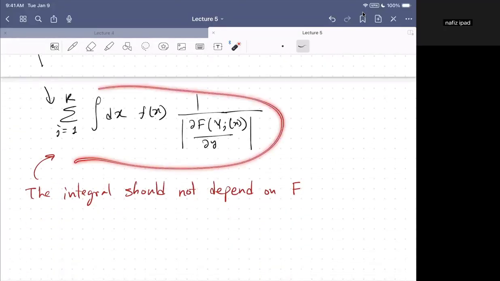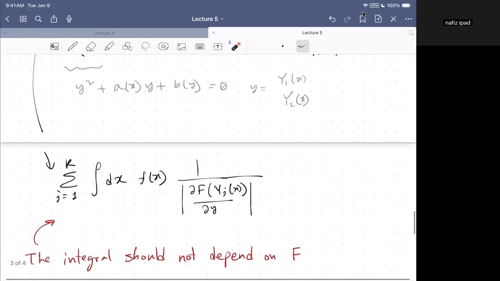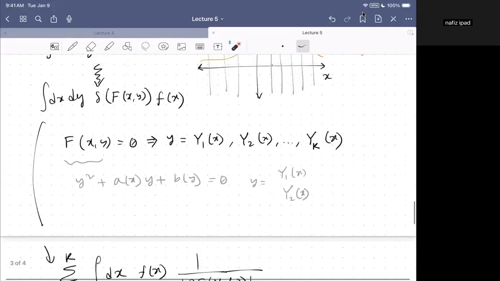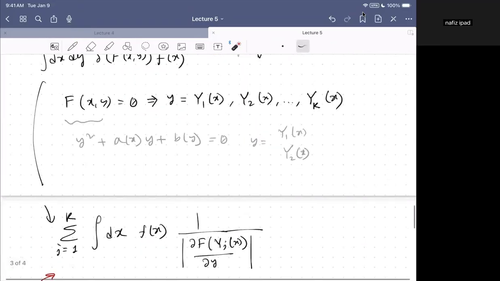That is not happening here, right? Because this part explicitly depends on our choice of f. So how do we remedy that? Well, instead of inserting just this delta function, we could have inserted a bit more. We could have inserted something else that would cancel this extra factor.